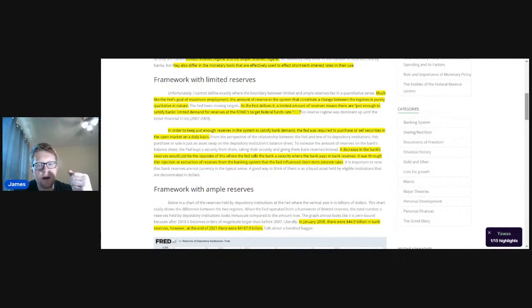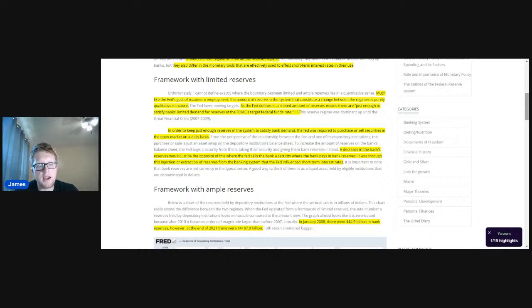As you can imagine, with a limited amount of reserves, any increment or decrement in that amount will change the lending capacity, in theory at least, if there's a reserve requirement. That means the banks will change the amount of interest they charge, right?